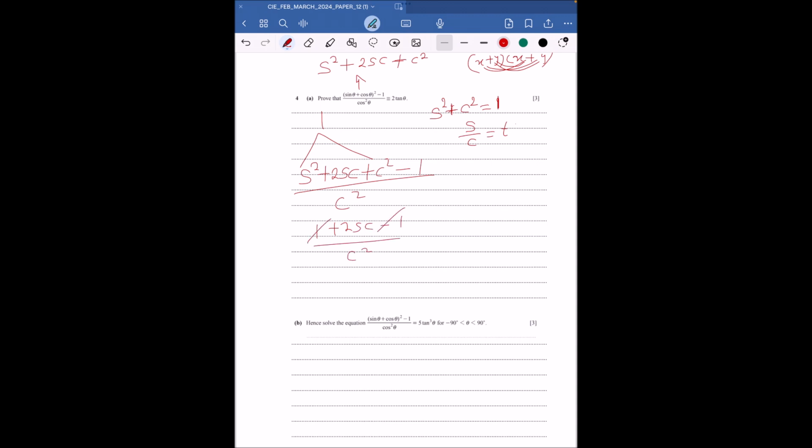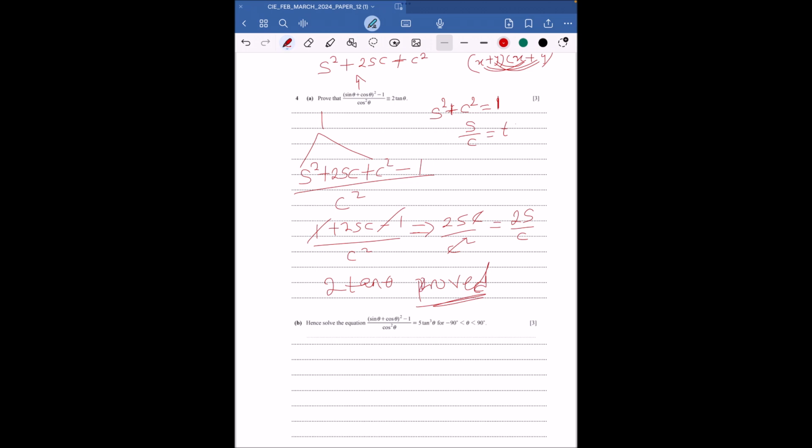So we cancel this, and I have 2sc over c squared. So 1 we cancel. This will be 2s over c, and s over c is tan. So 2 tan theta. So proved.